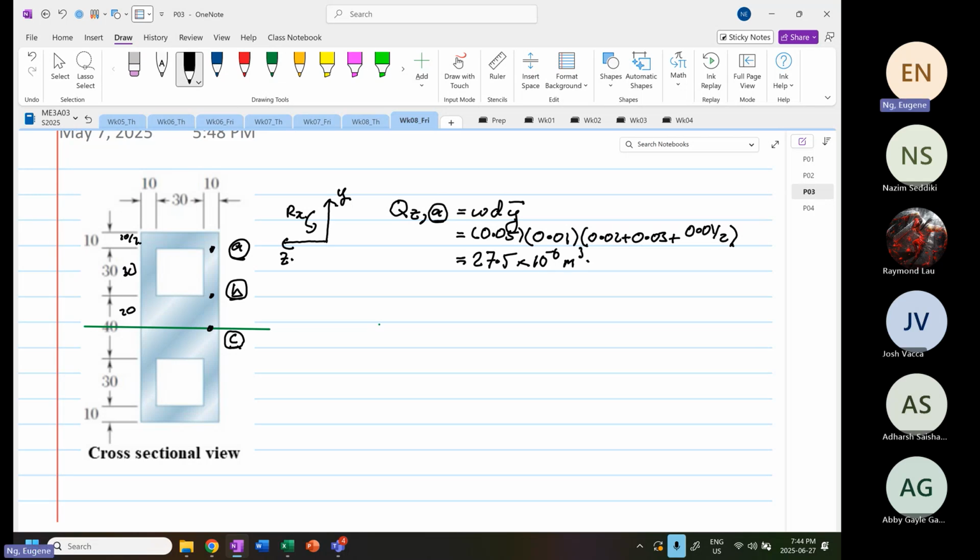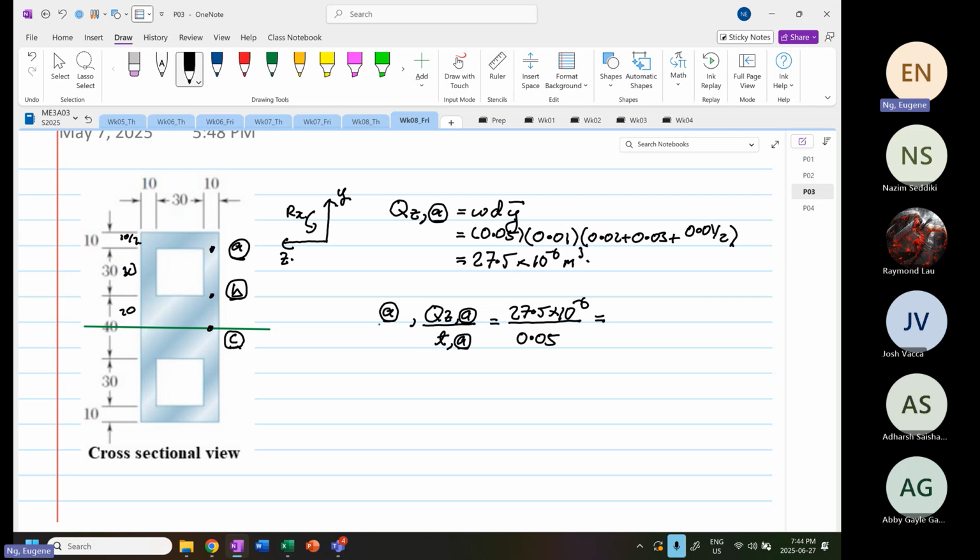Just to show you, if you look at point A, the QZ at A divided by the thickness at point A, so this is equal to 27.5 times 10 to the power minus 6 divided by the thickness, which is equal to 0.05, right?